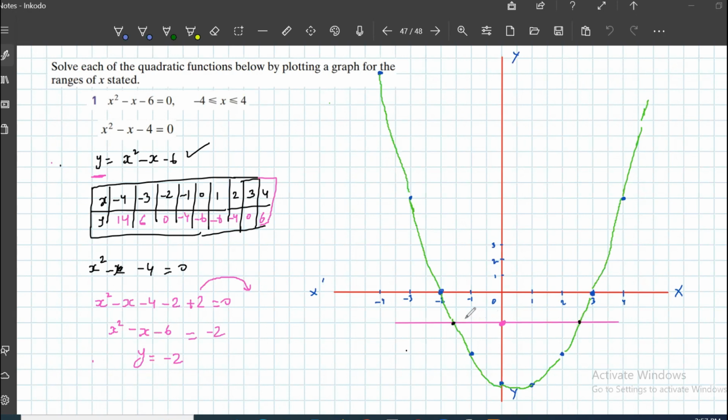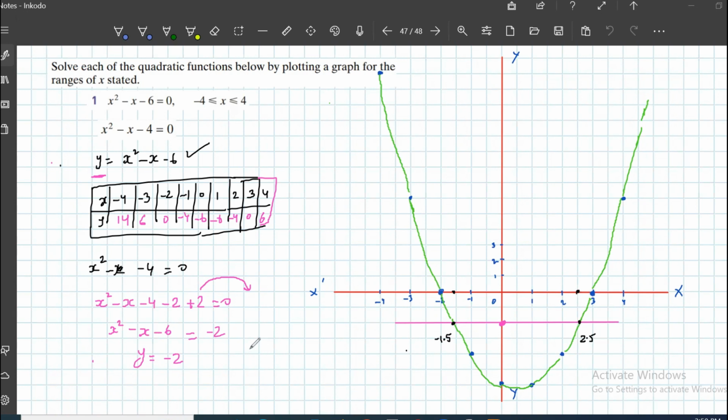So it means one answer we are getting is minus 1.5, and here I'm getting plus 2.5 on the x-axis, okay. Exactly, just a little bit more. You can say that minus 1.52 or 3, but it's acceptable.